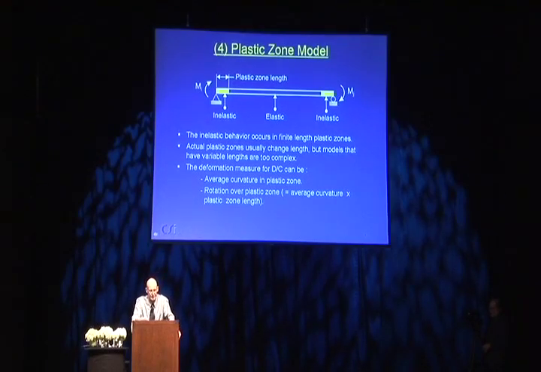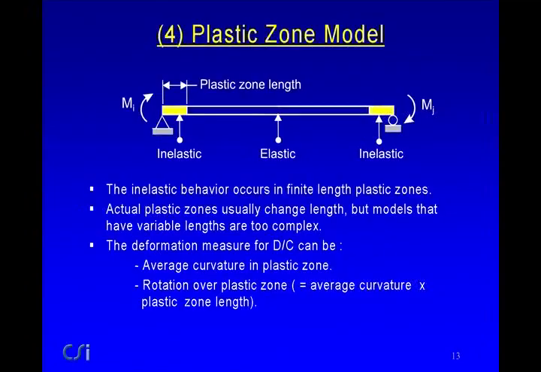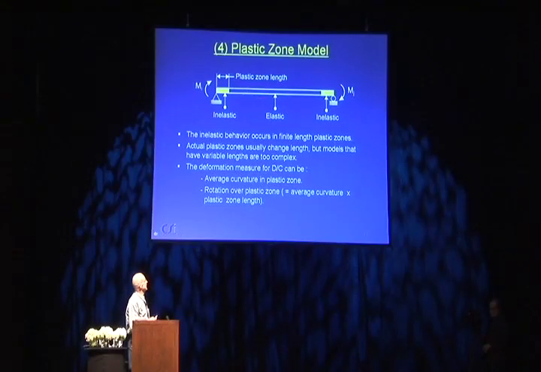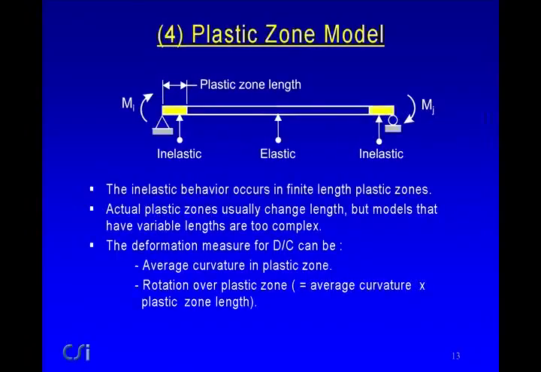The fourth model is a plastic zone model. Instead of assuming a zero-length plastic hinge, we now have at each end a finite-length plastic zone, but with an elastic beam in between. So the inelastic behavior now occurs within finite-length plastic zones at the ends of the beam. Now, in a real beam, you will get plastic zones, but they kind of spread.